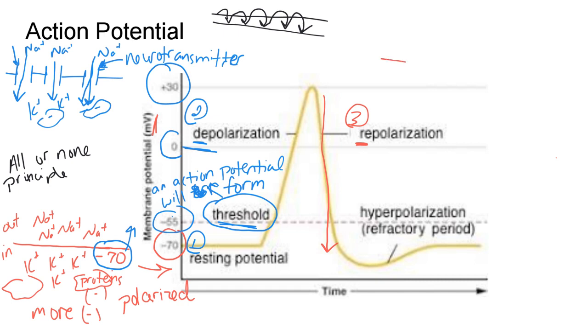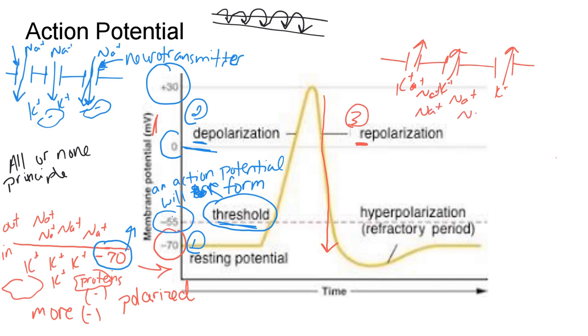So during repolarization, now instead of our sodium channels opening, we get our potassium channels open. And so the potassium is going to start going out of the cell. While this is a different ion, it still has that positive charge. So you'll notice I didn't talk about chemicals here.